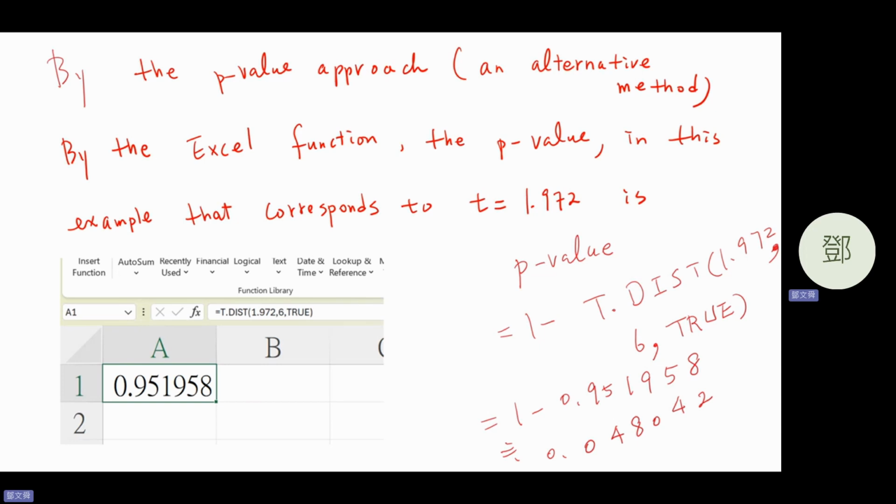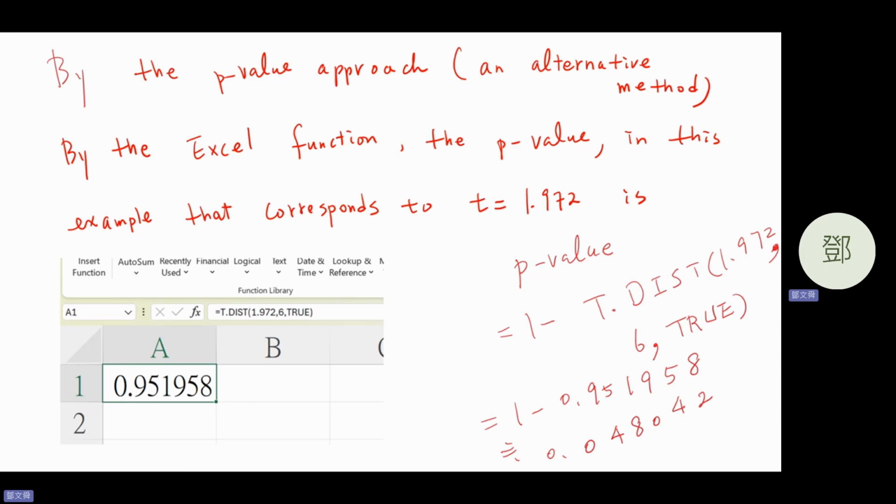You have to use it. True, default. Not negotiable. Just use true. Don't use false, and then you will obtain the cumulative probability.